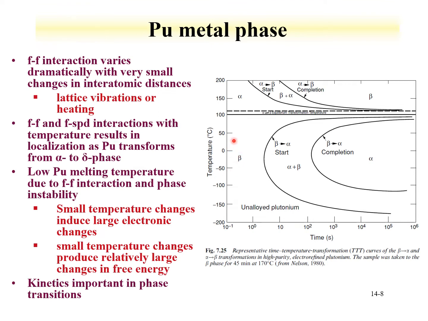At a given temperature, with a certain time, these beta phases, which are unstable, will start to go to an alpha and beta phase and then complete over to an alpha phase. And the reverse is true for the alpha going to the beta. This behavior is all related to the mixing of the different orbitals that can be occupied in the plutonium metal.